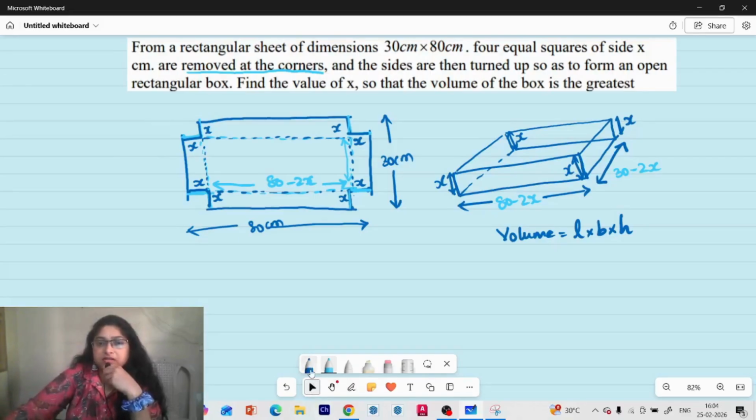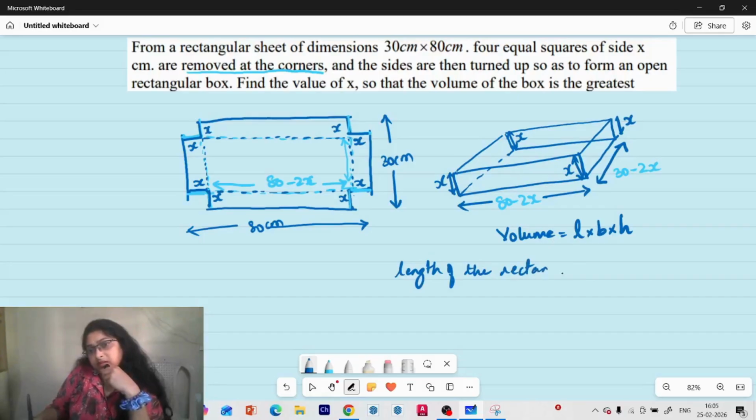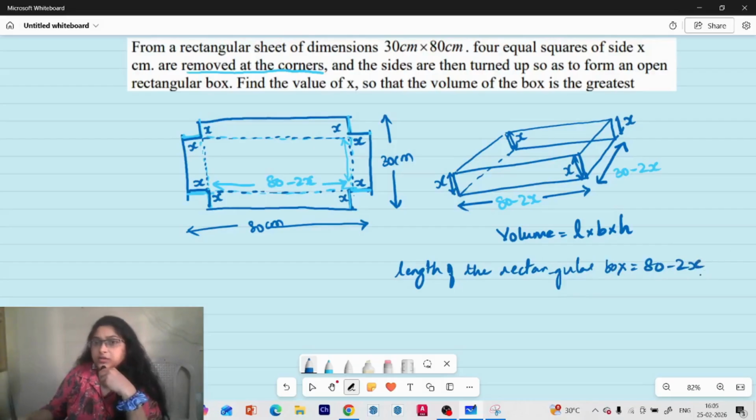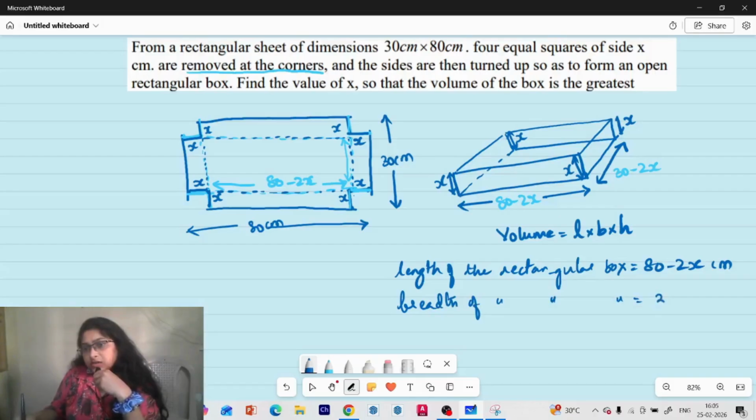So what do you have from here? The length of the rectangular box is 80 minus 2x centimeters. Similarly, the breadth of the rectangular box is 30 minus 2x centimeters.